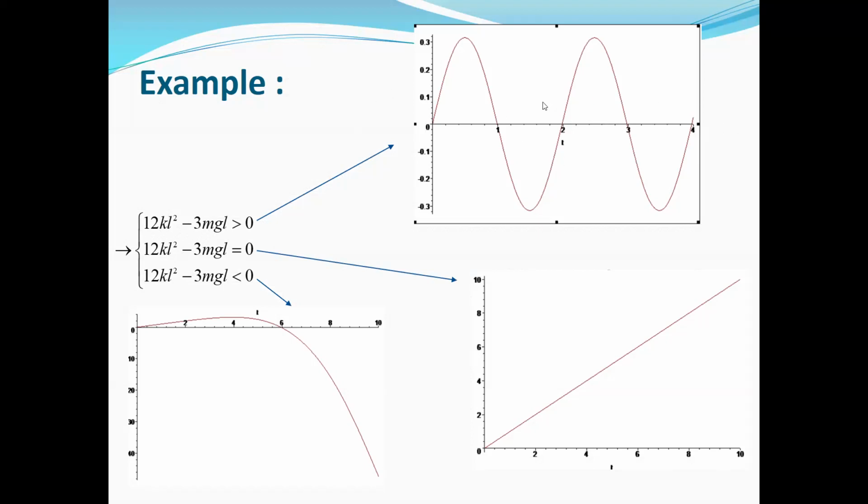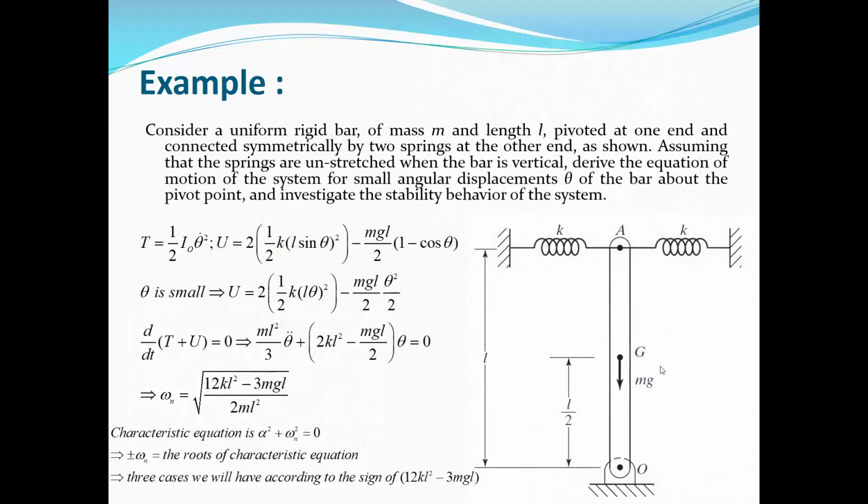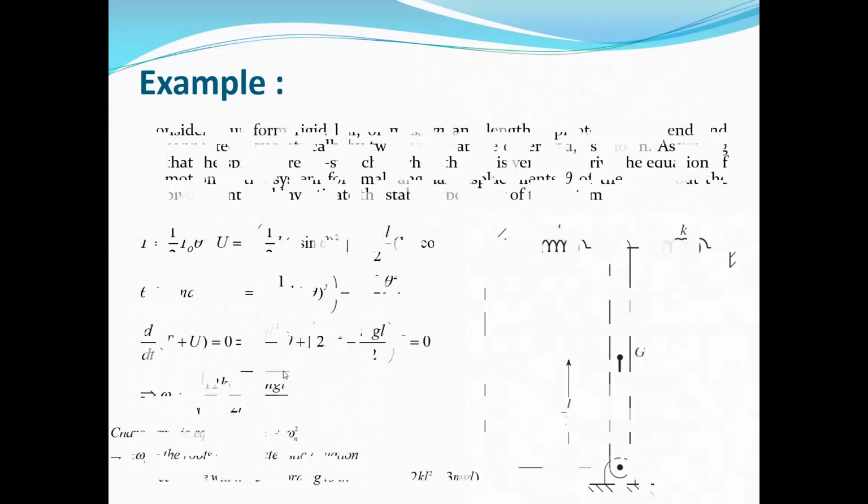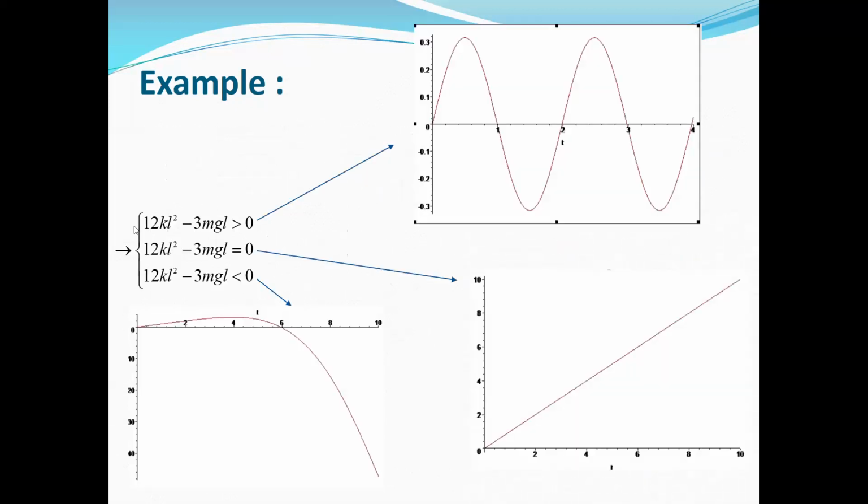In fact, this structure is naturally unstable, but by changing some initial conditions and the value of k, you can control the motion and extract a stable response.